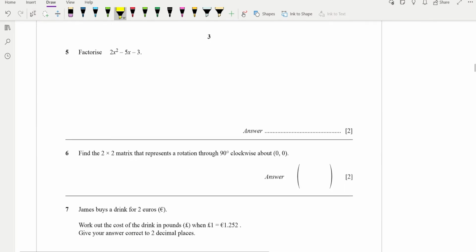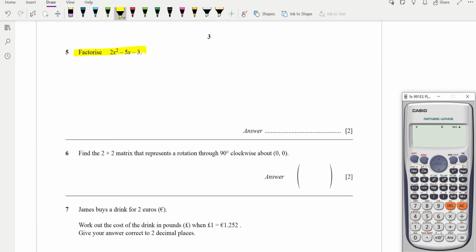Now question number 5, factorize this one. To factorize this, we can use mode 5 3. The coefficient of x squared is 2, the coefficient of x is minus 5, and minus 3 is the constant, so the roots are 3 and minus 1 by 2.